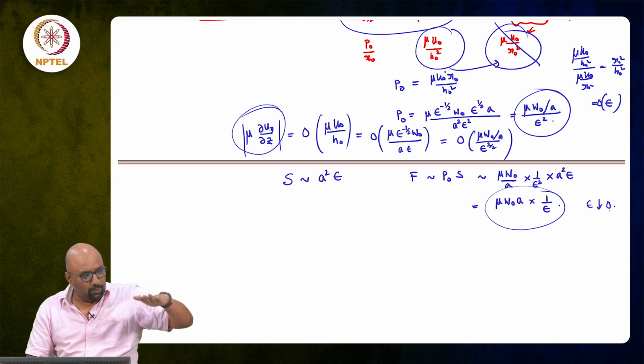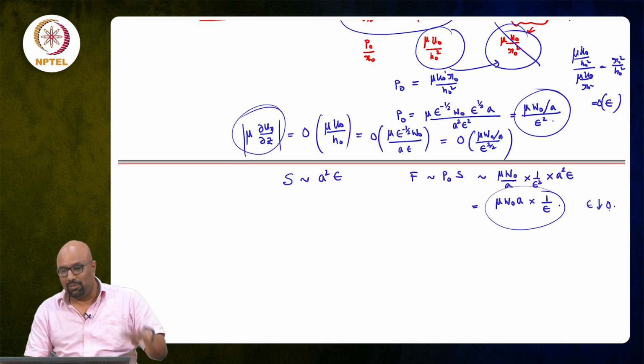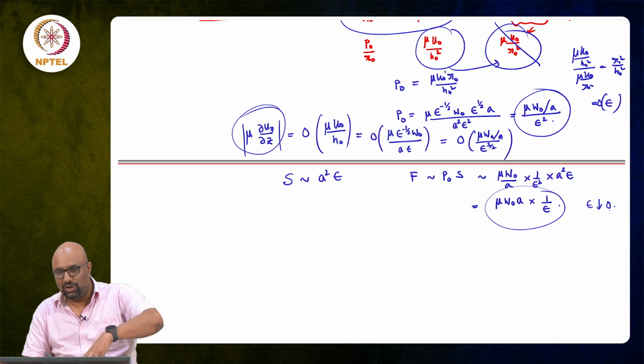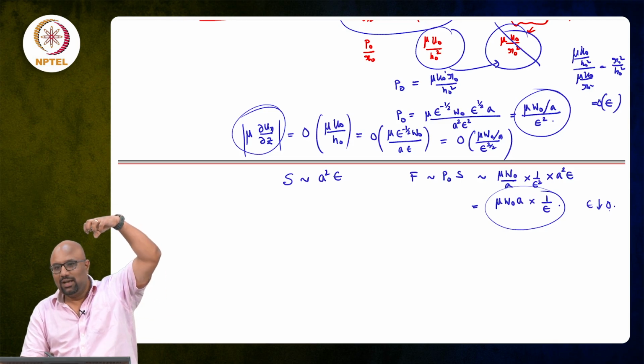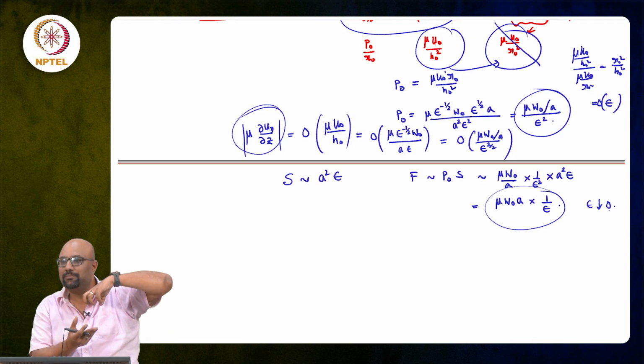So, if I am trying to push one surface towards another with a constant velocity, if W naught was held fixed and I am trying to find the force, which is the resistance calculation, the resistance to normal motion is going to become infinitely large as the gap gets smaller and smaller. Similarly, if I were to pull the two surfaces away, I am going to experience a negative pressure, a suction.